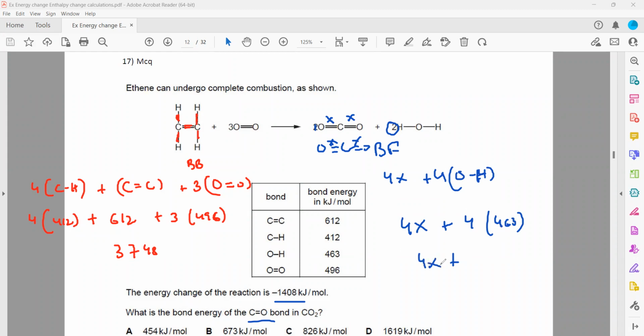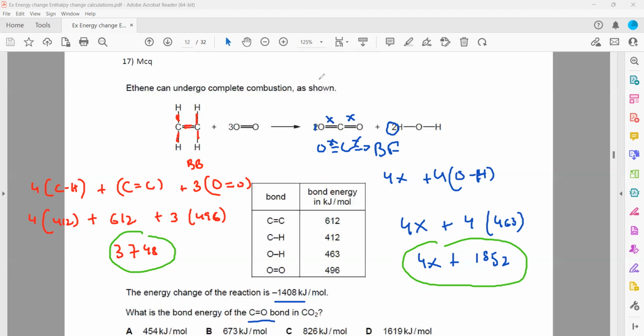What's the answer for 463 times 4? 1852. So we have the bond breaking energy and the bond forming energy, but the CO bond is unknown, so we said X. And the energy change is this value.